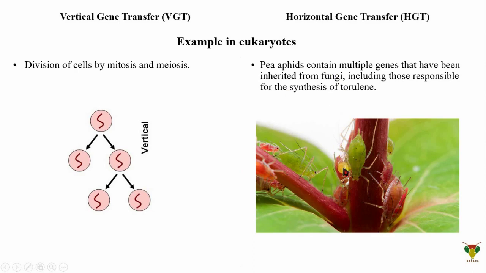But how? They do not just eat the pigment and get this color, but they also inherit the toluene genetic sequences from the fungi. That's why they will produce the red color in their body and also in the next generations.